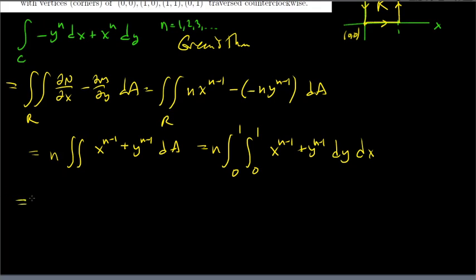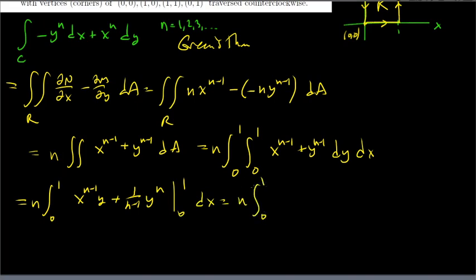So when we integrate this with respect to y first, we're going to get x to the n minus 1 times y plus 1 over n minus 1 times y to the n, right, evaluated between y equals 0 and y equals 1. So when y is 0, you get 0. When y is 1, you just get x to the n minus 1 plus 1 over n minus 1, right?